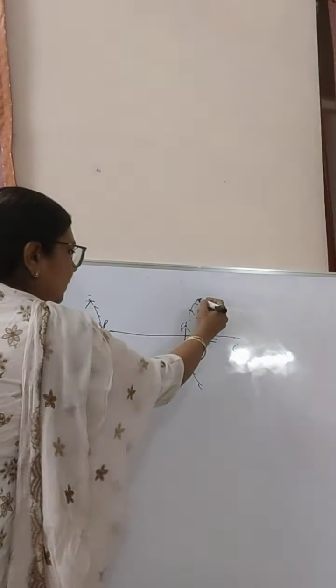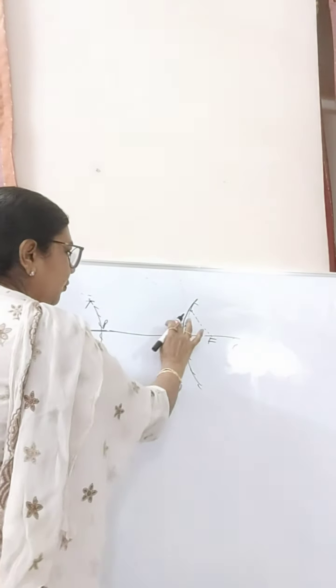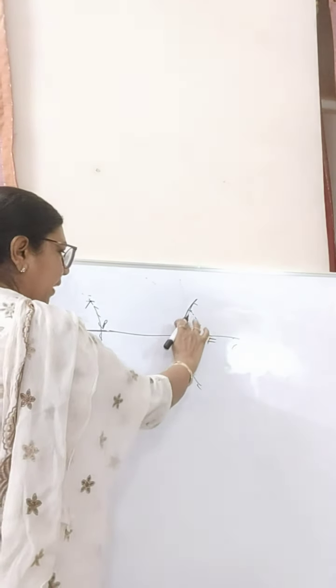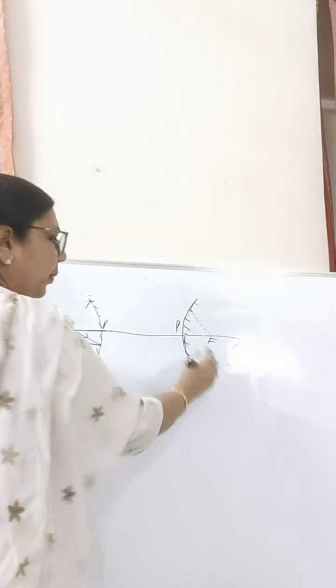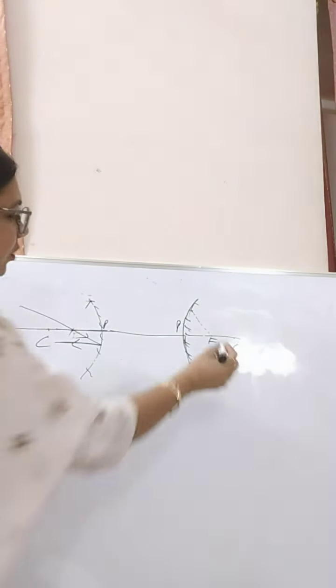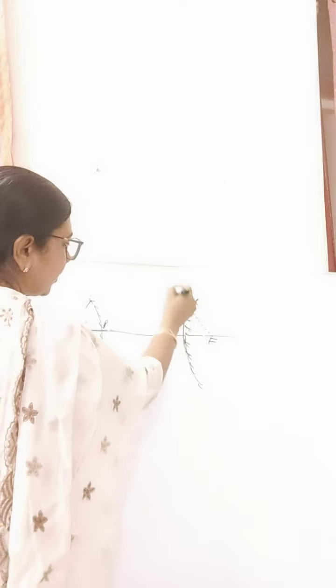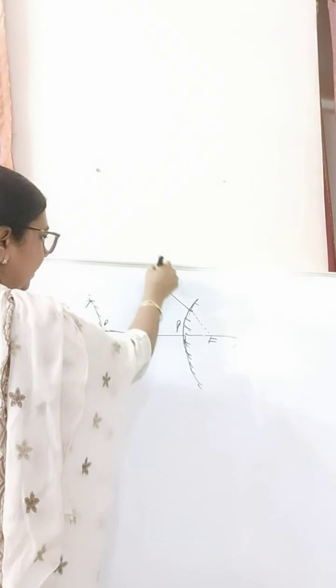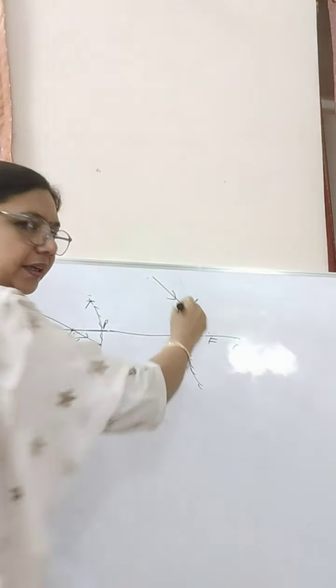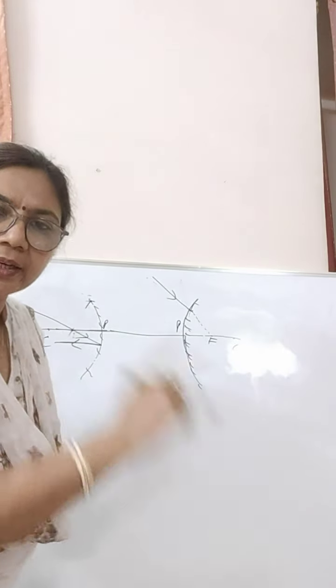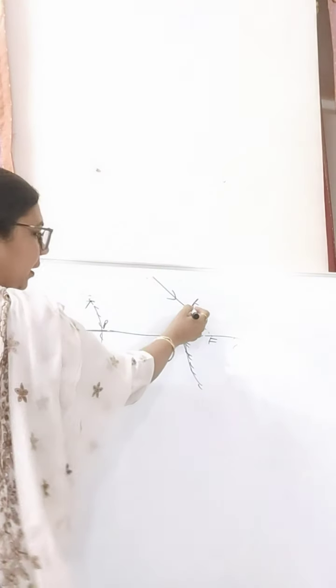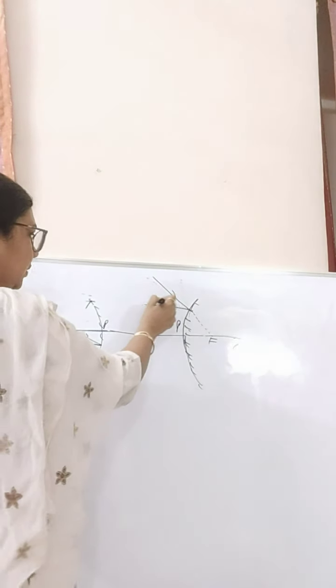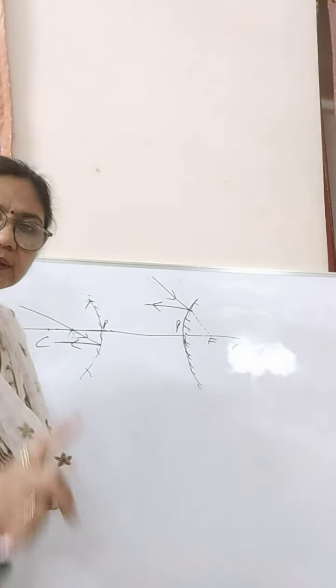And in this case, the ray cannot pass through the focus because the focus is at the back of the mirror. So it cannot pass through the focus, but the ray which is going towards the focus, suppose the ray is incident in such a way as if its direction is towards the focus, then it will become parallel to the principal axis.